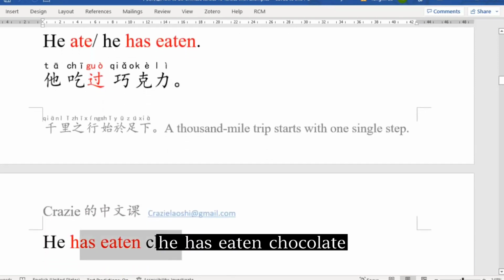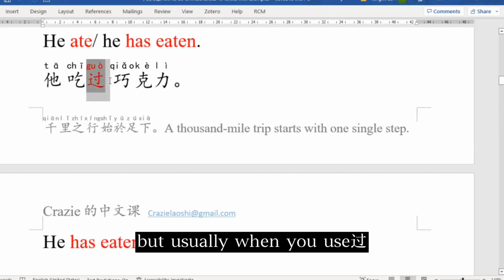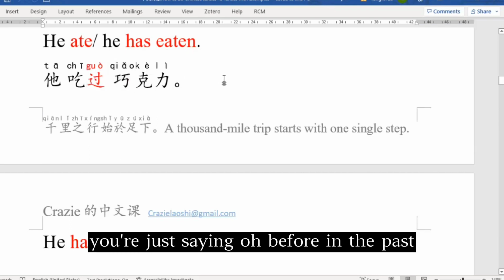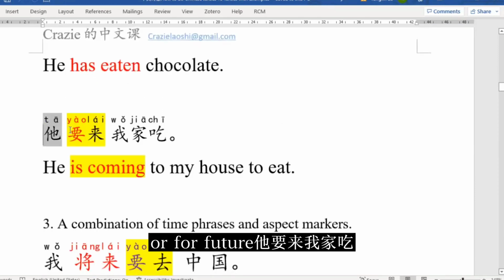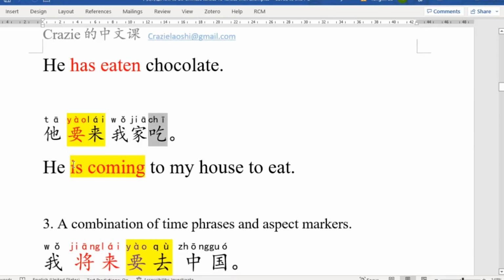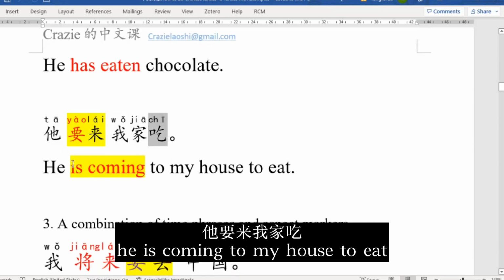He has eaten chocolate. But usually when you use 过, you're just saying, before, in the past, he has eaten chocolate, but we have no idea when. Or for the future, 他要来我家吃. He's coming to my house to eat.